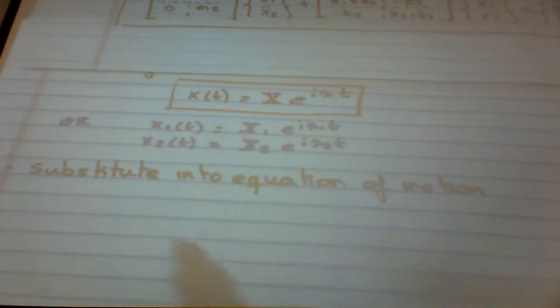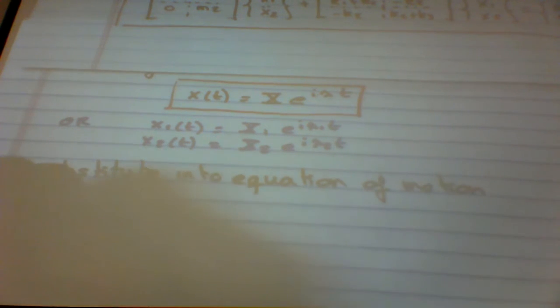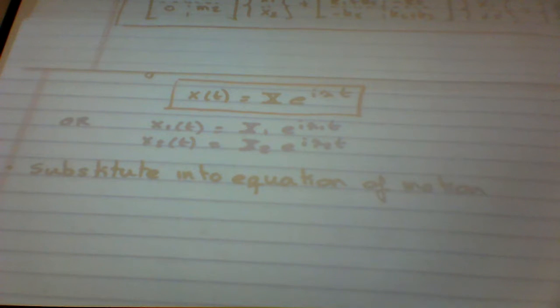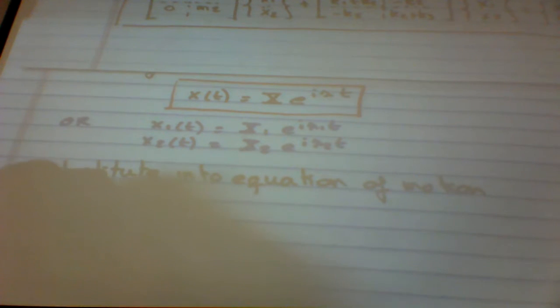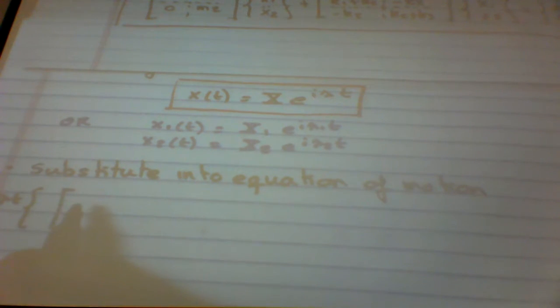So if we keep the general notation, what we're going to have is this. e to the i lambda t times, what will give you the mass terms? Minus m1 lambda squared.